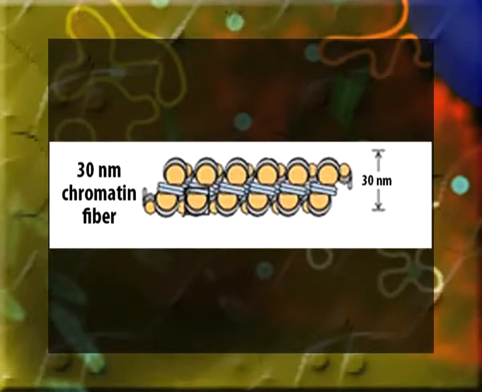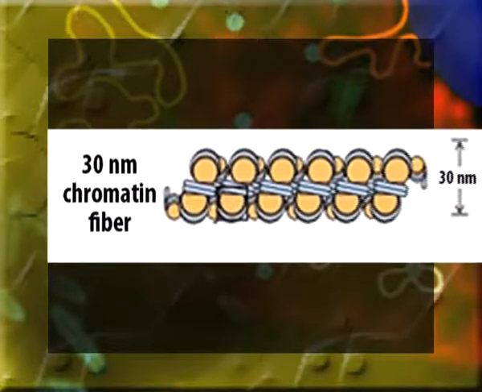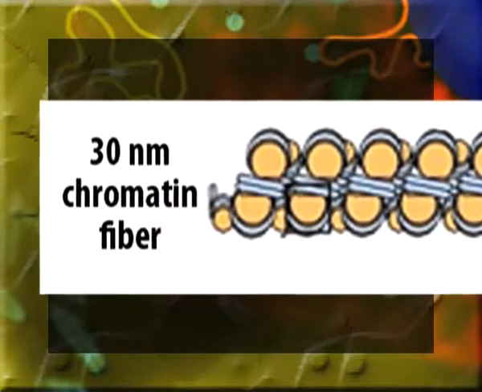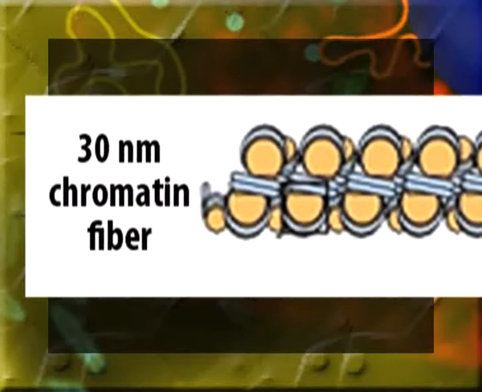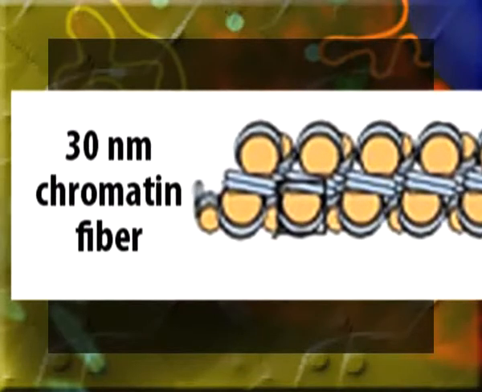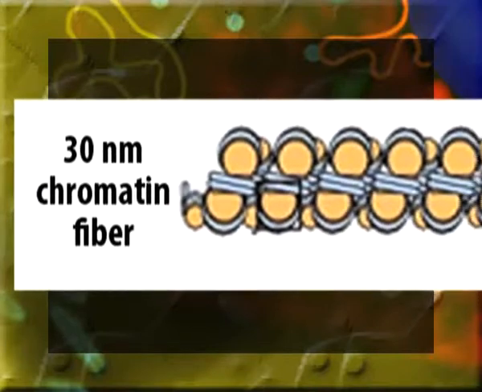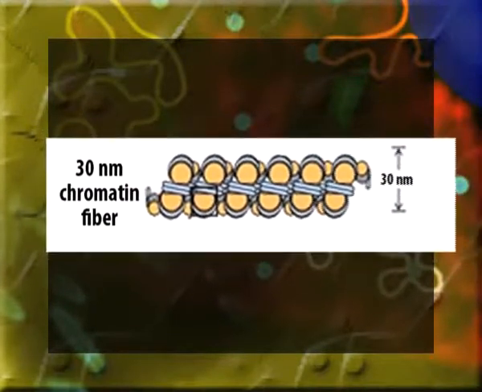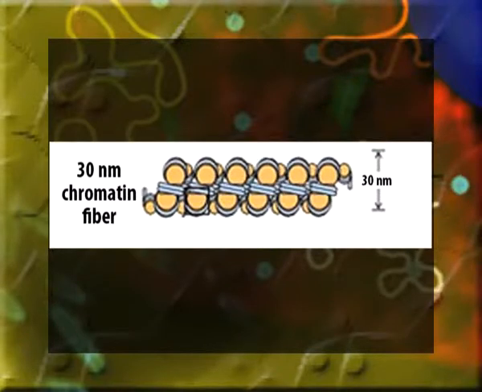The second level of packaging is the coiling of beads in a helical structure called the 30 nm fiber that is found in both interphase chromatin and mitotic chromosomes. This structure increases the packaging ratio to about 40.